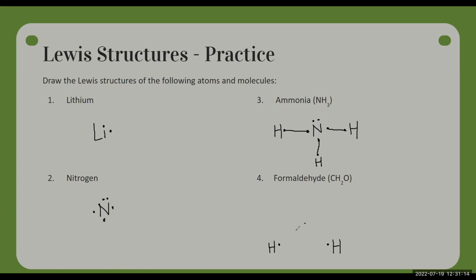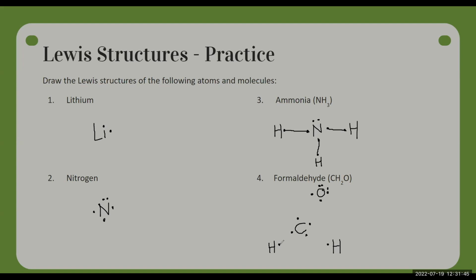And then I can draw a structure for carbon. So we can do like 1, 2, 3, and then 4. And then we can also draw oxygen. Oxygen has a Lewis structure that looks like this. 1, 2, 3, 4, 5, 6, because it's a group 6 element.